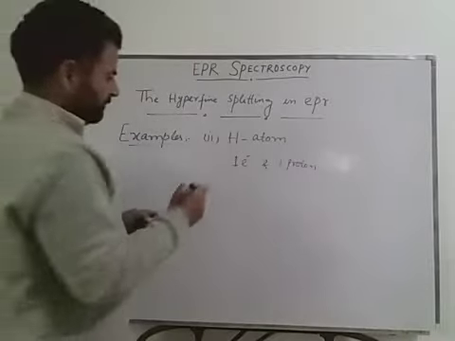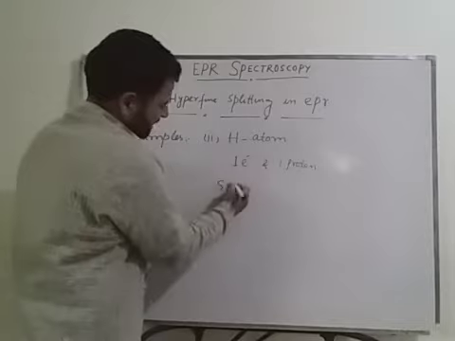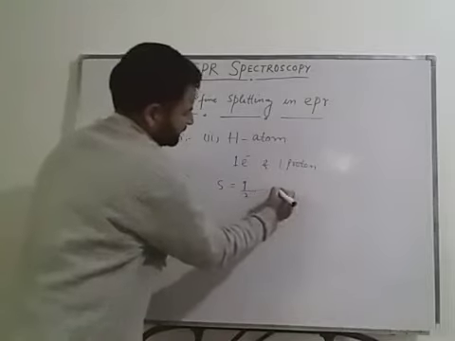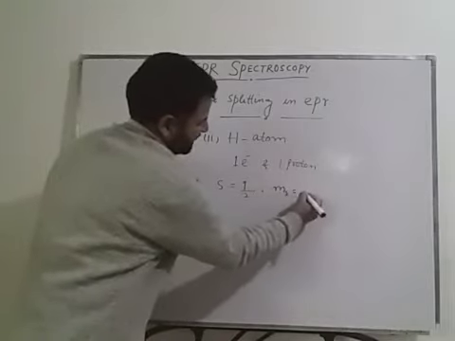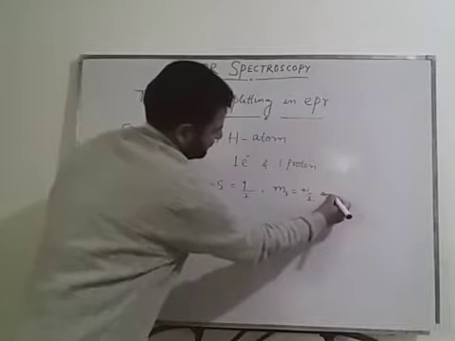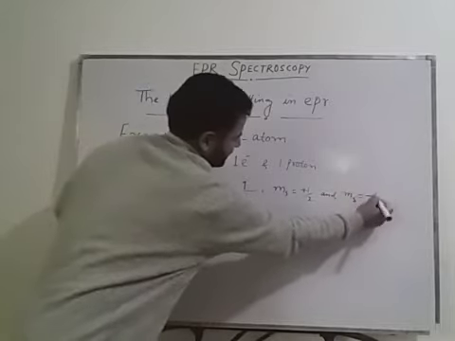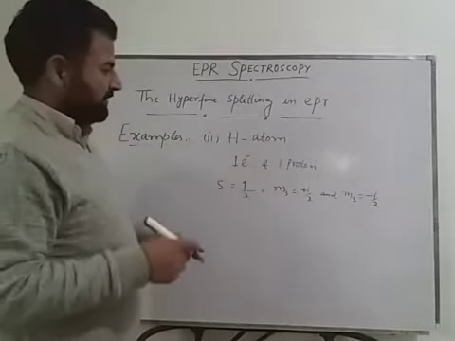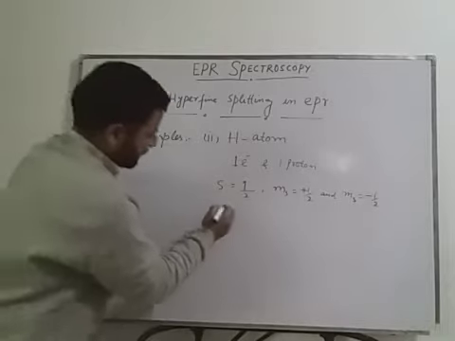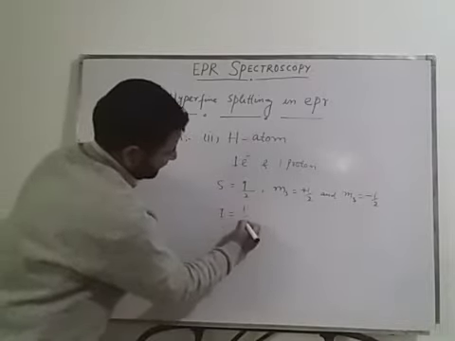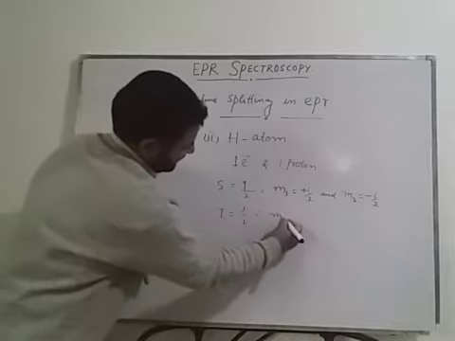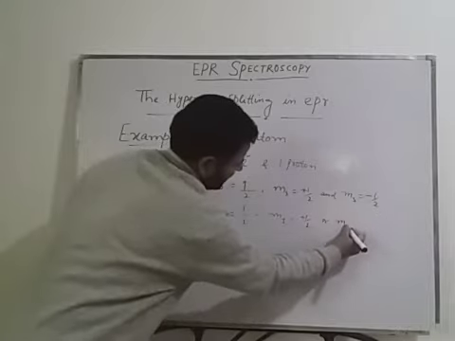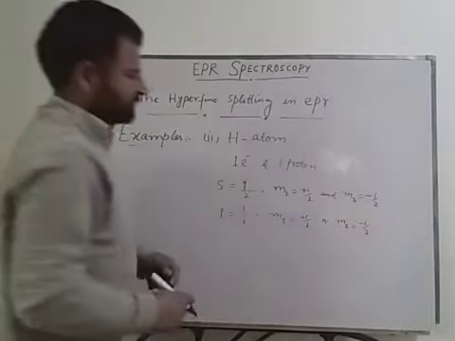So the one electron will have spin equal to 1/2, and its spin angular momentum quantum numbers will be ms equal to plus 1/2 and ms equal to minus 1/2. Similarly, it also has one proton in its nucleus, so it will have nuclear spin, and that nuclear spin will be given by I equal to 1/2, and its mI will be equal to plus 1/2 or mI equal to minus 1/2.